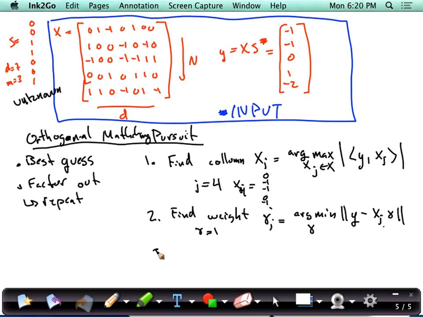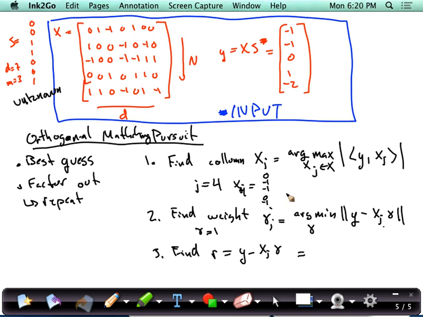And then the third thing is that I want to factor this out. So I want to find this residual. R is going to be y minus xj gamma. This is what's left over.